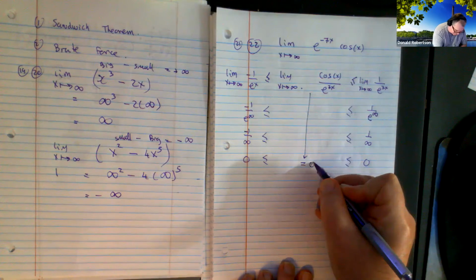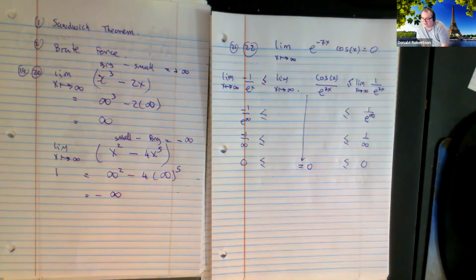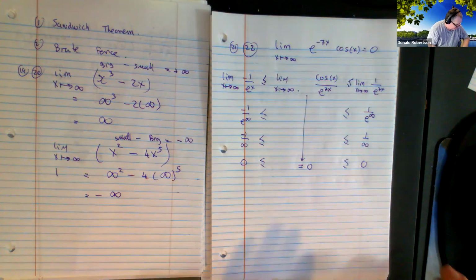And so we've answered the question. The limit is 0. It's got the name sandwich theorem because basically, don't you sandwich the answer between two numbers that are the same? And so the limit must be whatever those two numbers that are the same are.